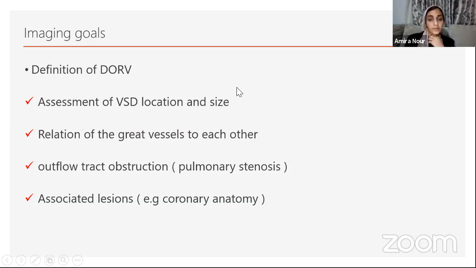There was a lot of debate about how small is small, and again we relate it to the aortic valve annulus. If the VSD is larger than the aortic valve annulus, then it is a large VSD. If it is smaller than the aortic valve annulus, it is small. And as we said, the VSD is the only outlet for the left ventricle, so this patient will have a significant LVOT obstruction.